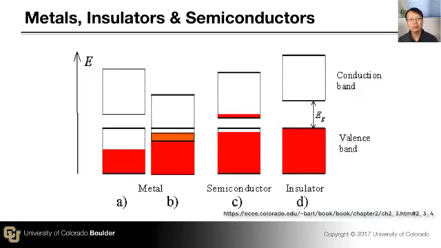So a semiconductor is different from a metal in that there are two types of conductivity arising from the conduction band and the valence band. In the case of a metal, there is only one partially filled energy band responsible for electrical conductivity, and that is a fundamental difference between conduction in metals versus conduction in semiconductors.